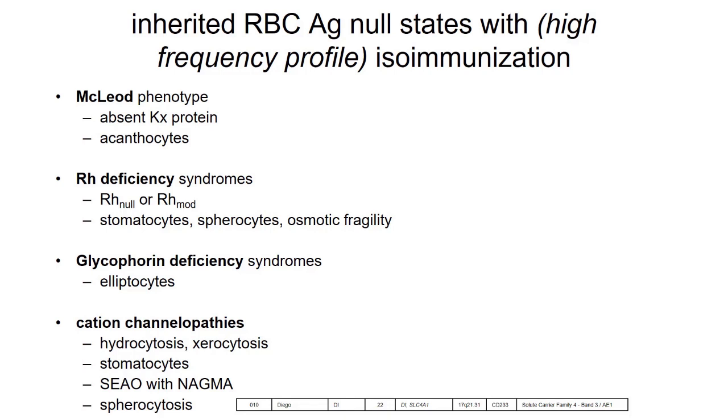These, therefore, are considered rare blood types. It's much harder to find similarly McLeod phenotype or Rh null red cells compared to the classic minor antigen system differences and associated alloimmunizations.